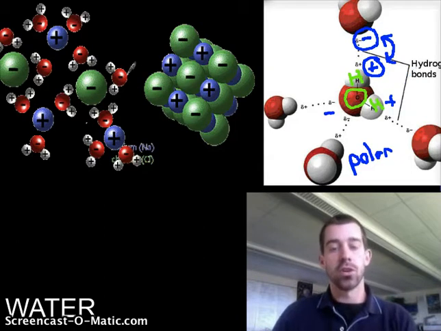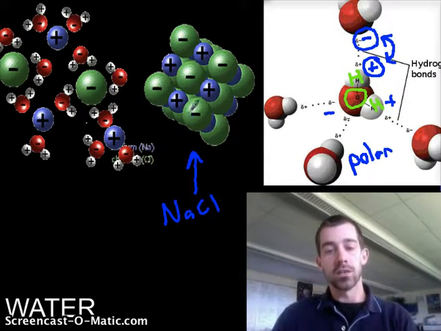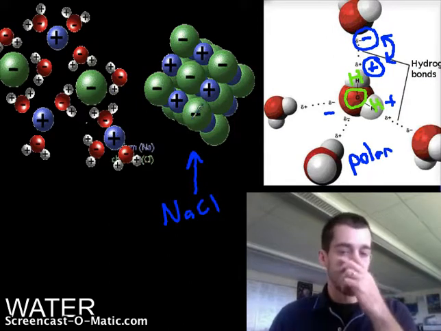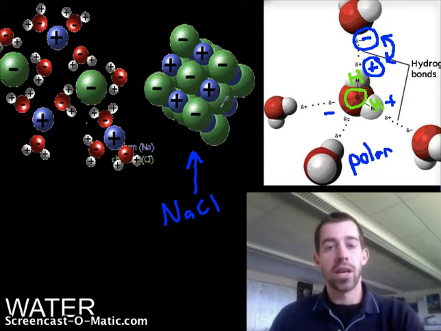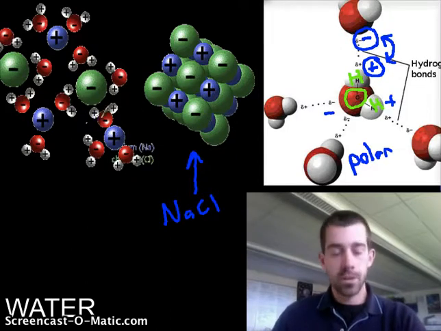And so this is what dissolving something looks like. This is a big old block of salt, NaCl. You've got negatively charged and positively charged atoms in here. The chlorine is the green negatively charged one, and the blue one is the sodium, which is positively charged.